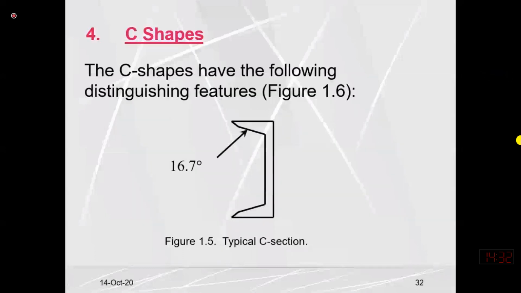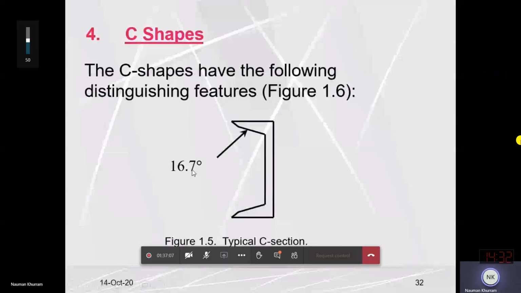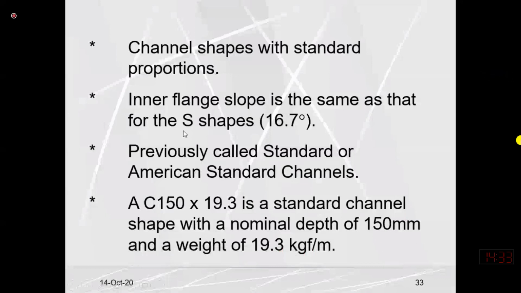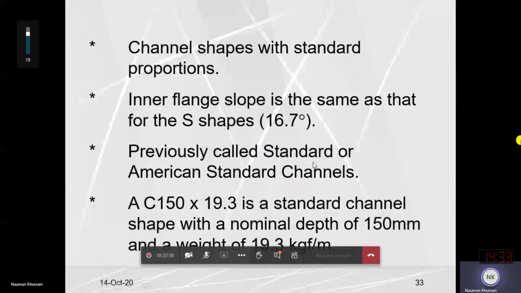Similarly, we have the C shape or the channel section. In all types of channel section, the inner faces are tapered with an angle of 16.7. So the inner flange slope is 16.7, similar to the S section. Previously they were called standard American channel section, but now simply channel section.